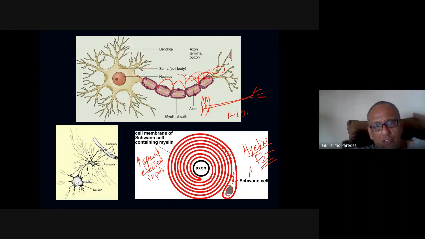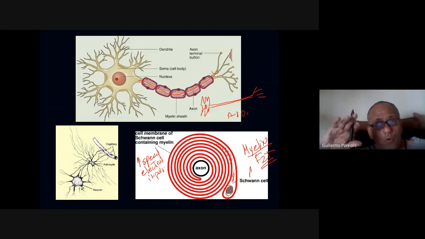But if you don't have these Schwann cells, imagine without Schwann cells, the transportation of the electric impulse will be like this. That's the speed. The difference between the speed of nerve cells that contain Schwann cells and the ones that do not is the fastest.